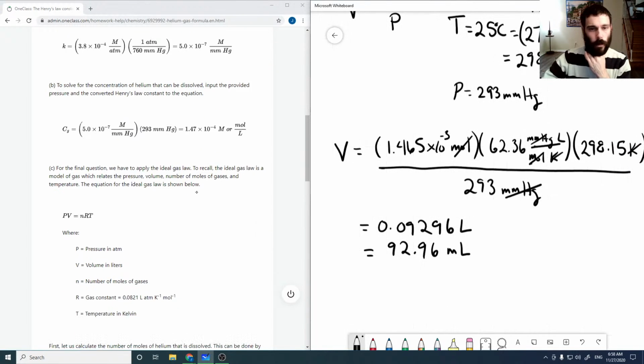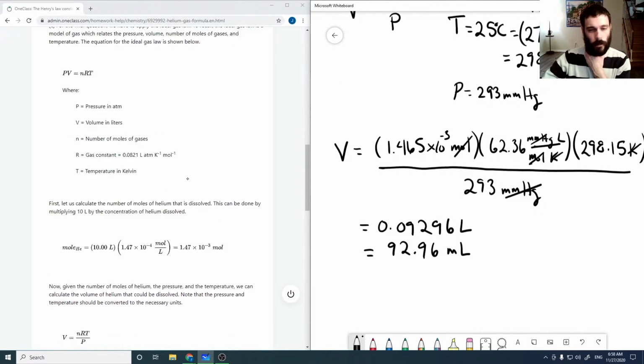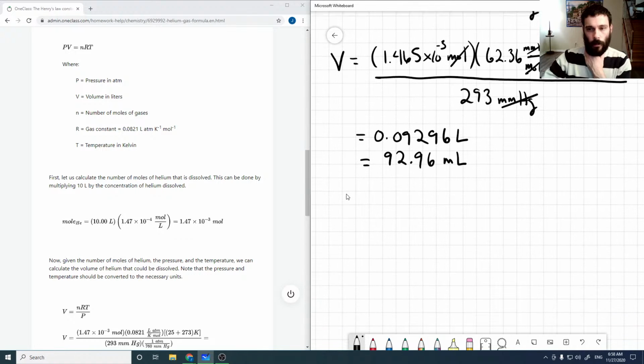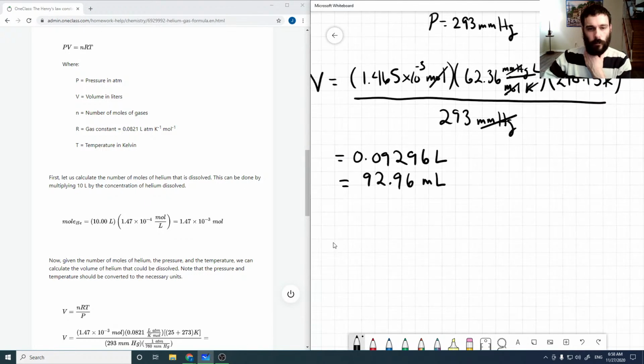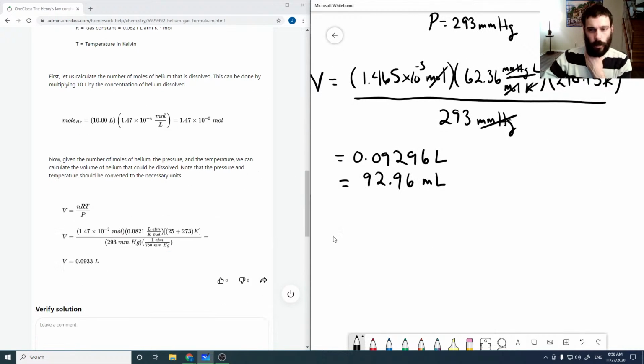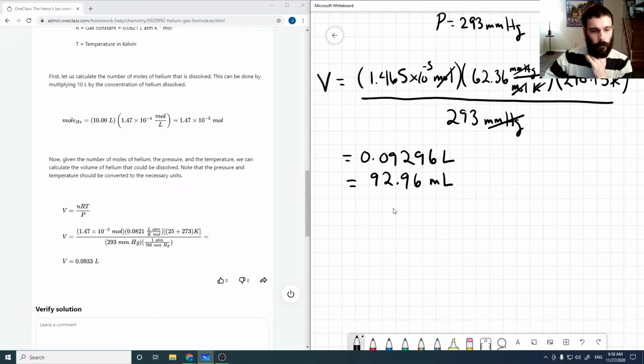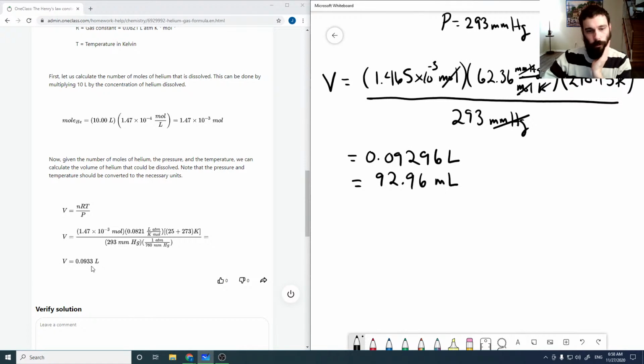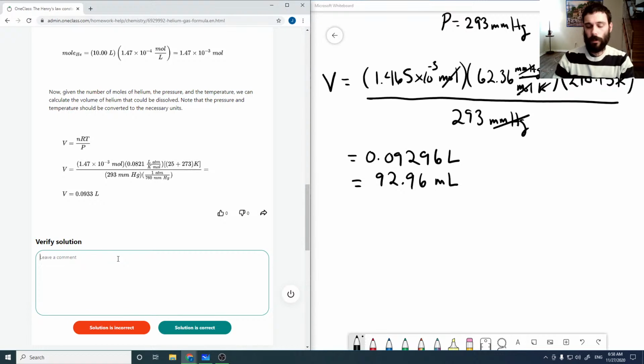And then running through this, we're going to use ideal gas, which gives us 0.0933 liters, or about 93 mils. So it looks good. That would be just a difference in rounding there, so the solution is correct.